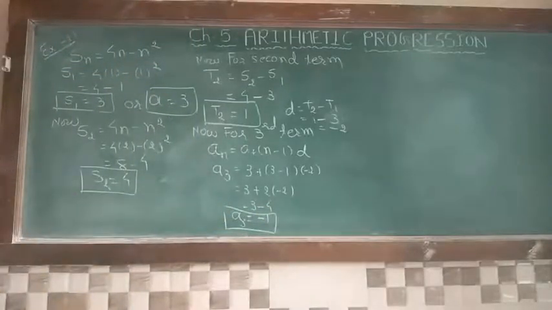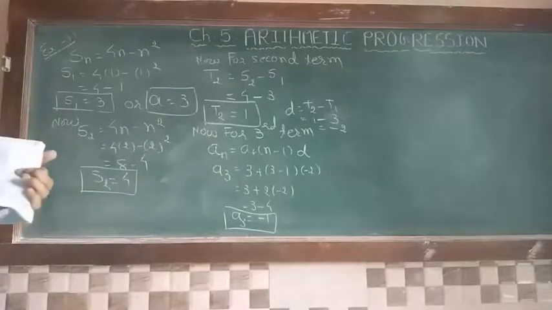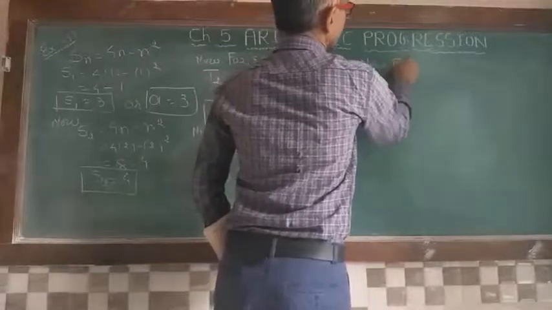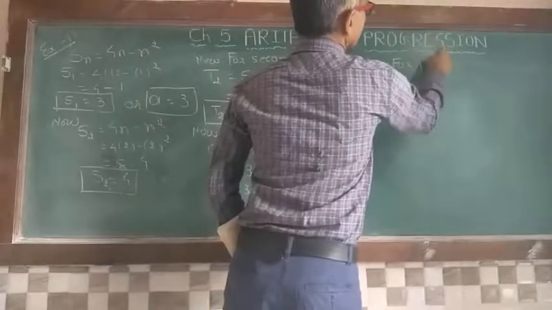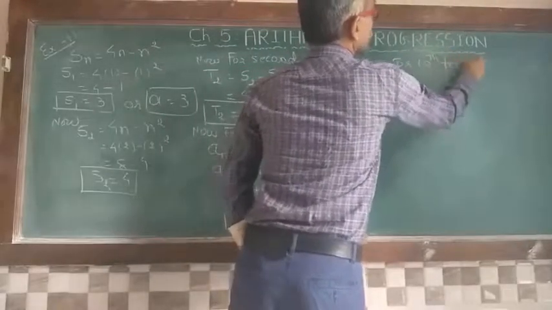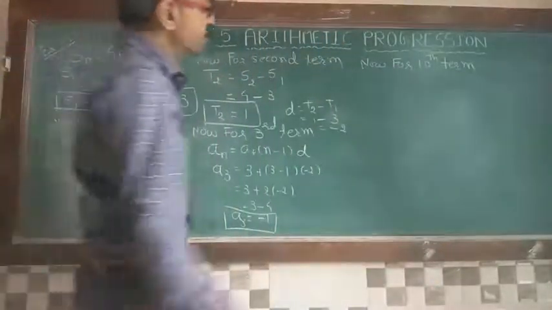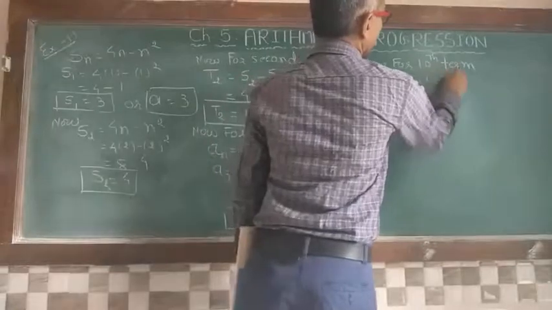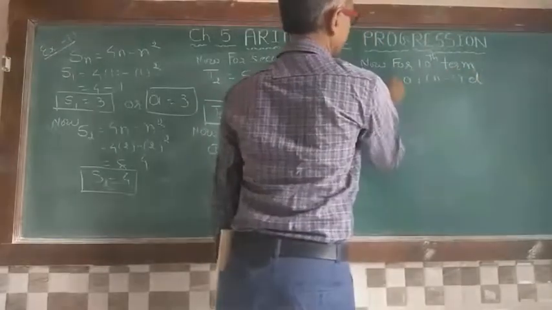Now in the same way you can find your 10th term. For the 10th term, again a10 = a + (n − 1) d, or you can write an first.